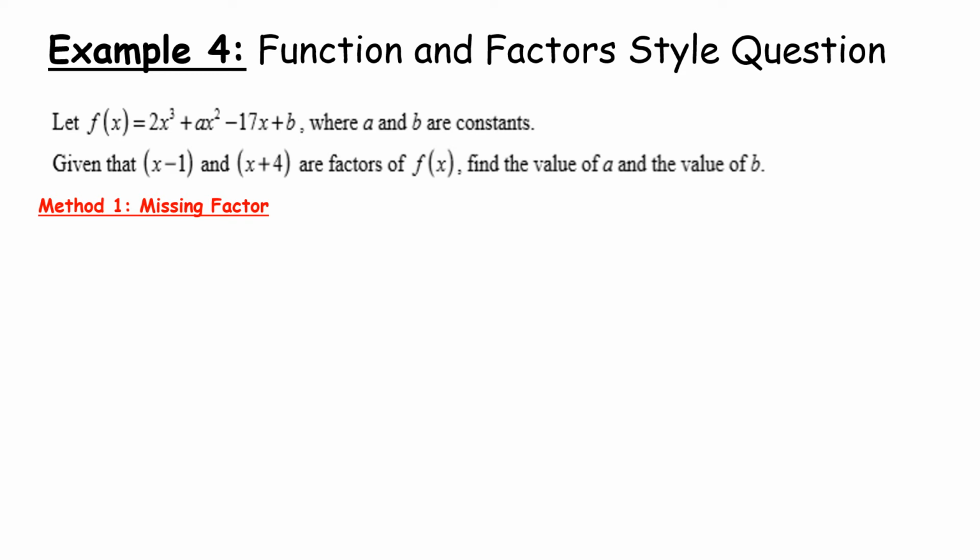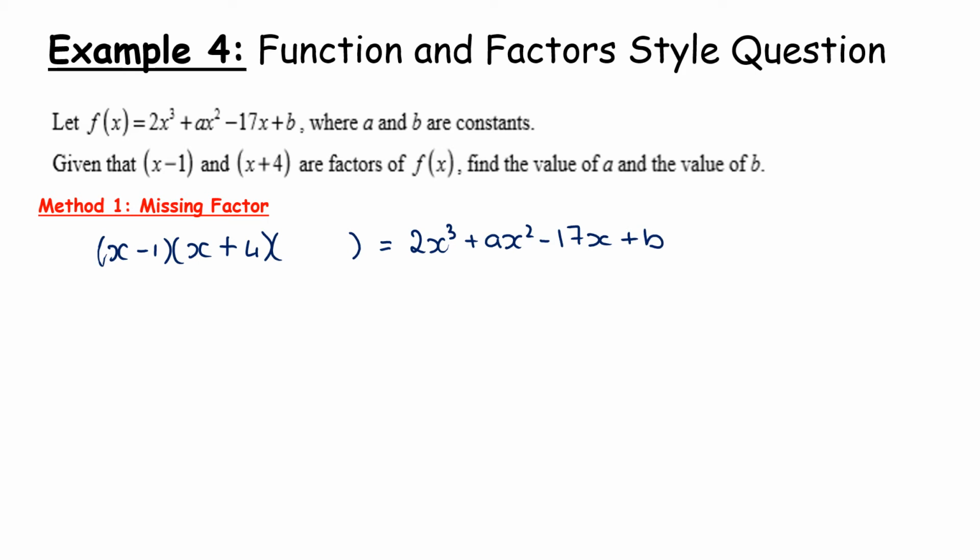So I've been given two factors and my function is a cubic. Now, hopefully at this point everyone knows that a cubic does require three factors. So I have x minus 1 multiplying by x plus 4 multiplying by some other missing factor, and when I multiply them out I get 2x cubed plus ax squared minus 17x plus b.